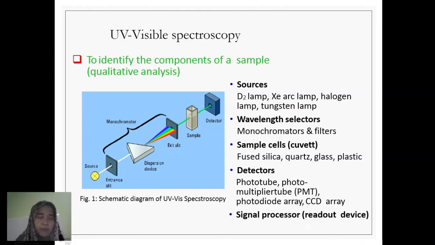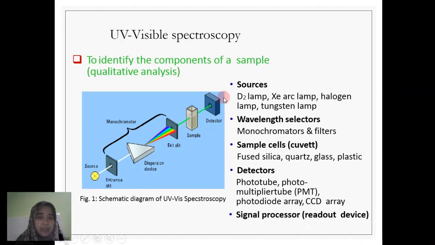So for example, if you have a solid form, then you have to dilute it. If the sample cannot be diluted, then UV visible is not suited for that sample.